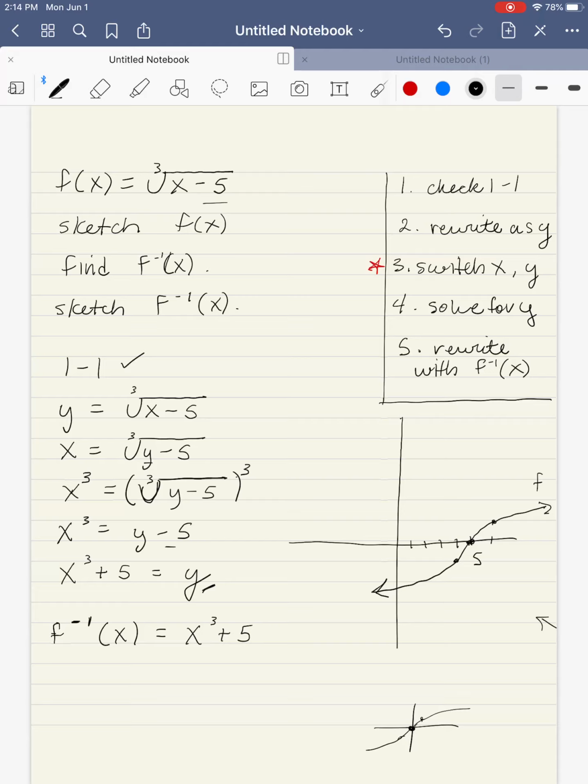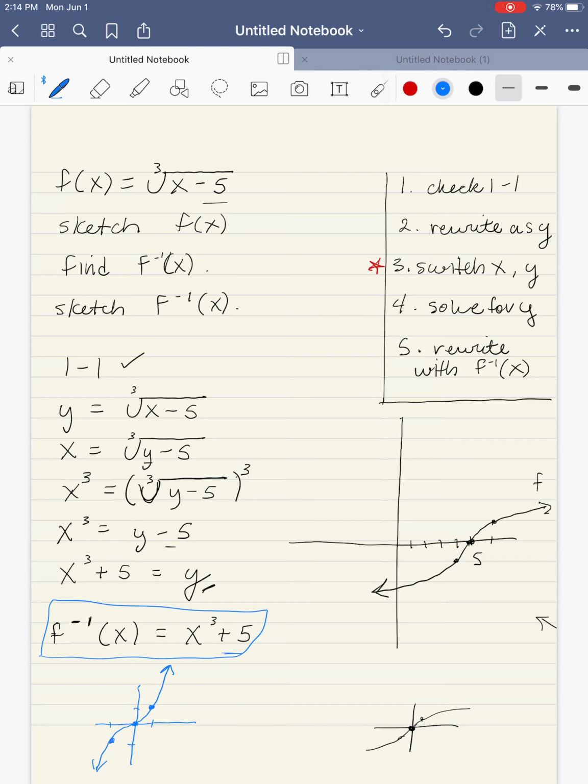Let's look at graphing that using transformations. We know, and this is my new f inverse function, so I'm going to graph it in blue. So we know that x cubed, we know that from memory and from our knowledge of the basic functions, is going to look like this, curving upwards and curving downwards.